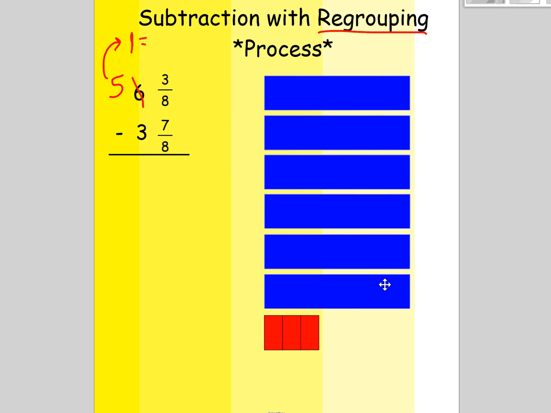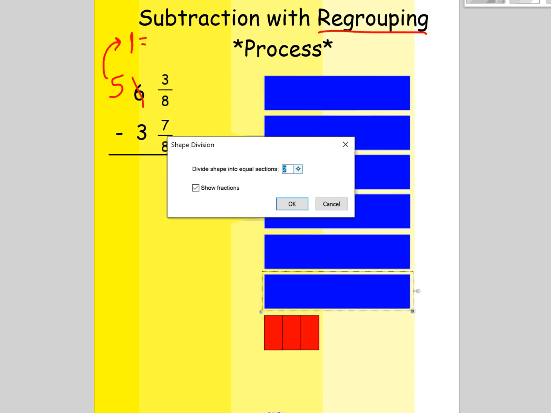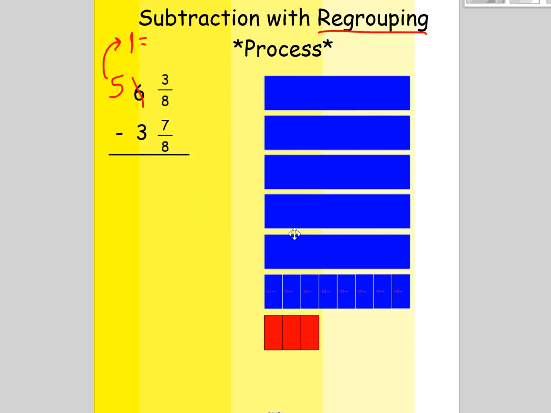Now, what am I going to do? Well, if I split this into 8 pieces, now that 1 whole that I had there is 8/8, but I also have those 3/8. So now I have 11/8 here all together.